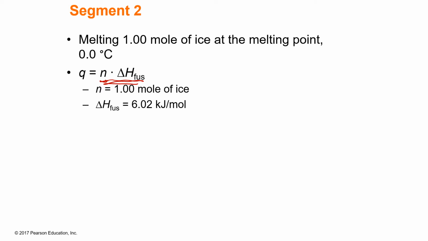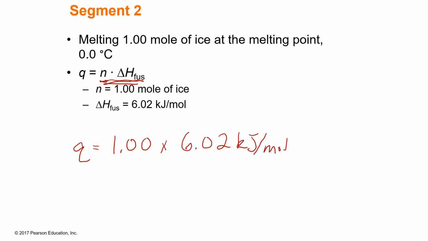And so Q is going to be 1 mole times our heat of fusion, 6.02 kilojoules per mole. Our moles will cancel. And so the amount of heat that we need to add is 6.02 kilojoules to turn the ice into water.